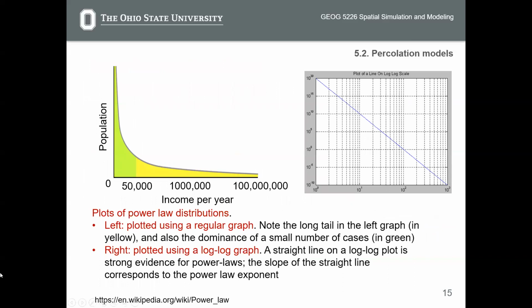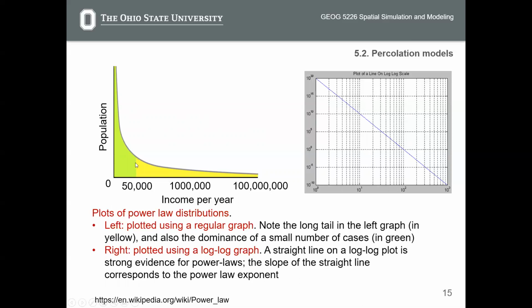But now let me give you an example of power law and why we want to use a log-log plot to show a power law distribution. For example, here is a curve between annual income and the population. Let's just say in dollars, right? $50,000 as annual income is a very common value, right?